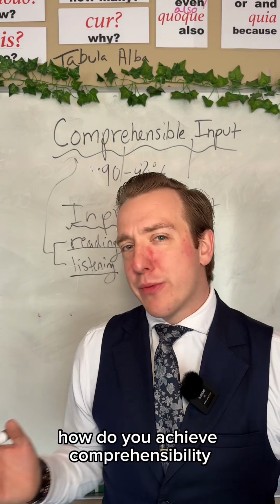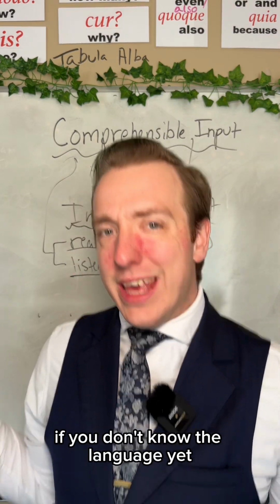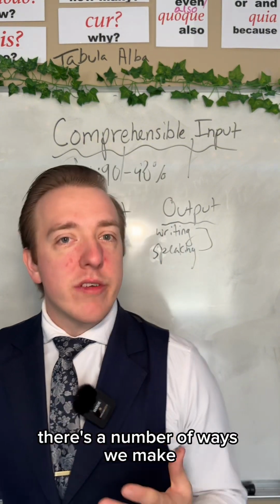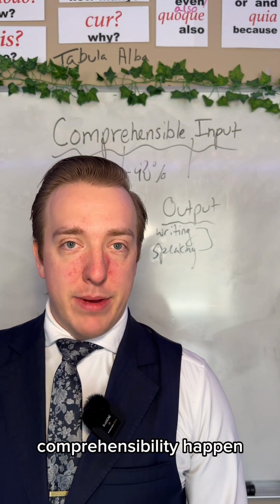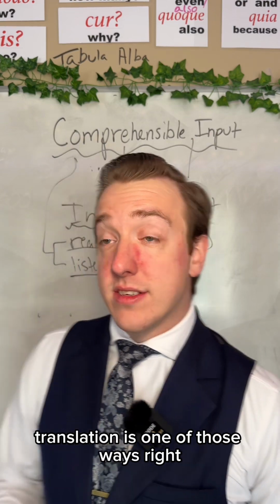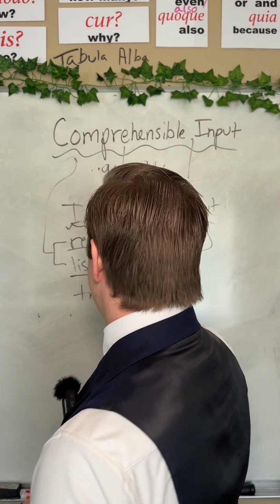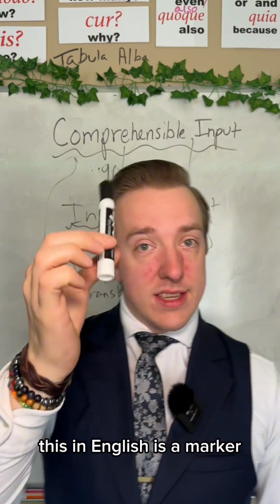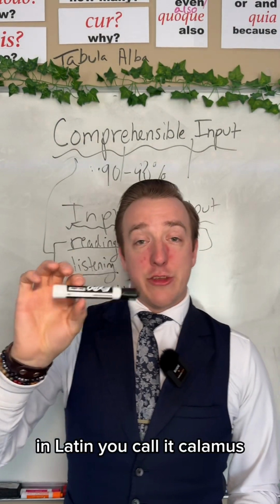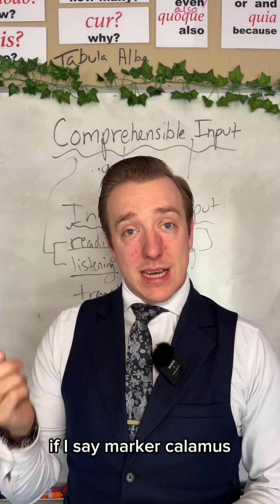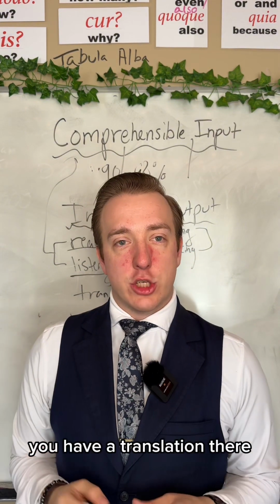How do you achieve comprehensibility if you don't know the language yet? How can something be comprehensible if you don't know it? There's a number of ways we make comprehensibility happen. Translation is one of those ways, right? If I show you this, in English it is a marker. In Latin, you'd call it calamus. If I say marker, calamus, you have a translation there.